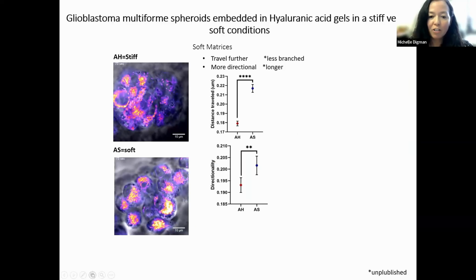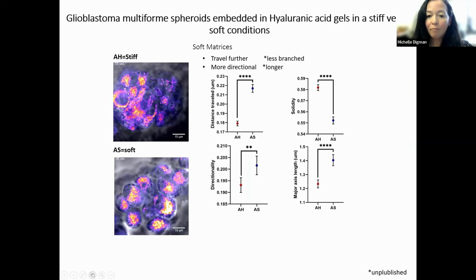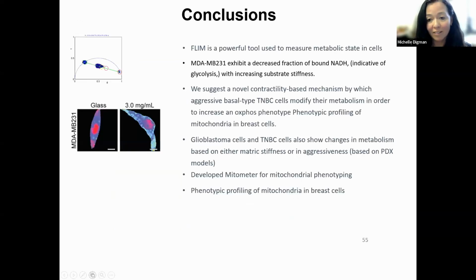They're more directional in the soft material, and they're less branched in the soft material, and their major axis length is much longer in the soft material. So again, just to summarize, we now have a lot of different types of parameters for mapping these mitochondrial structures. And from what we gathered from our metabolic imaging, we saw that soft matrices induce glycolysis.